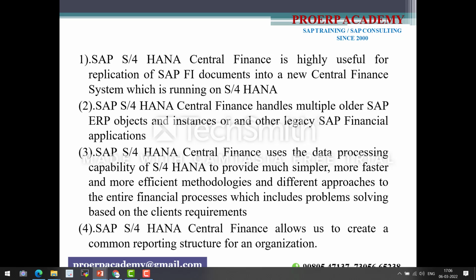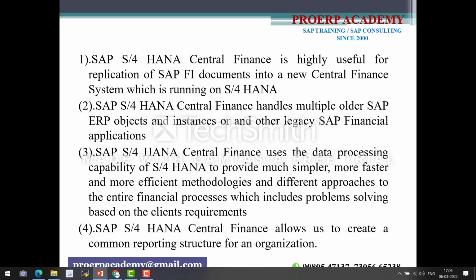that is most commonly used for creating reporting structure for an organization based on the replication of the entire end-to-end configuration from our traditional SAP FI module, that is from our SAP ECC system, and also the complete end-to-end replication of the SAP controlling module, that is also our traditional ECC system.